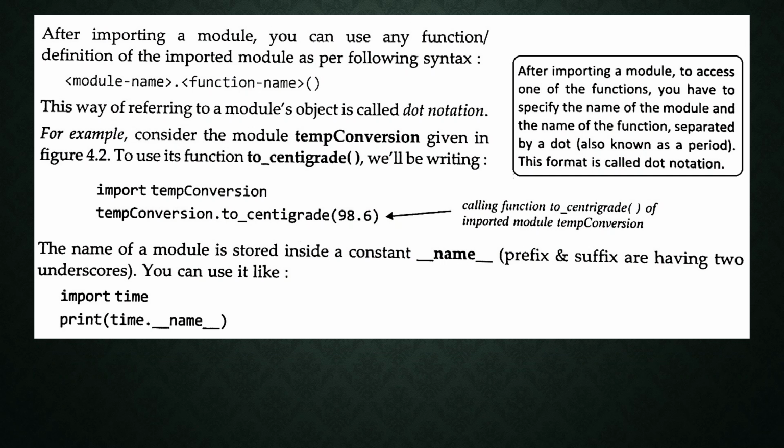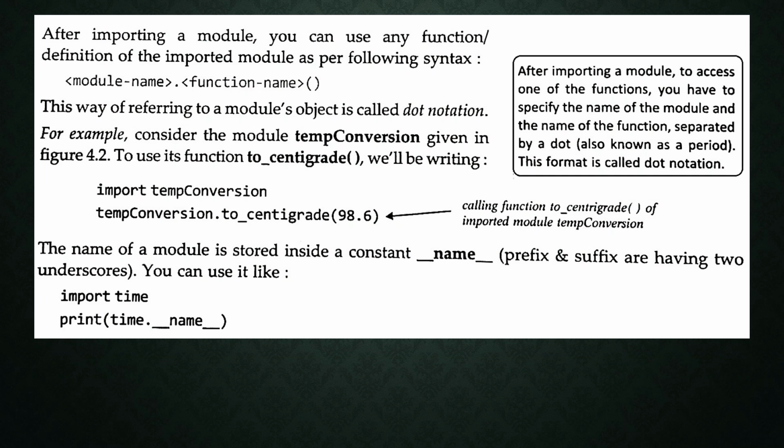After importing a module, you can use any function definition of the imported module with the following syntax: module name dot function name. The function name uses open and closed parentheses. So: module name dot function name.